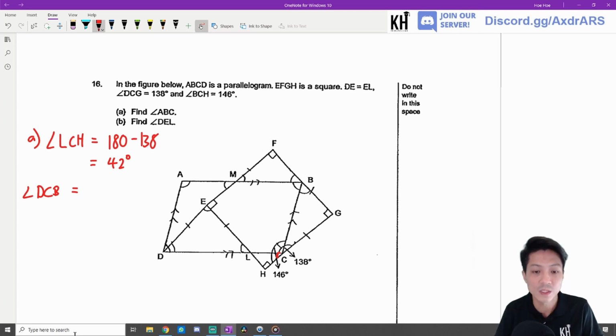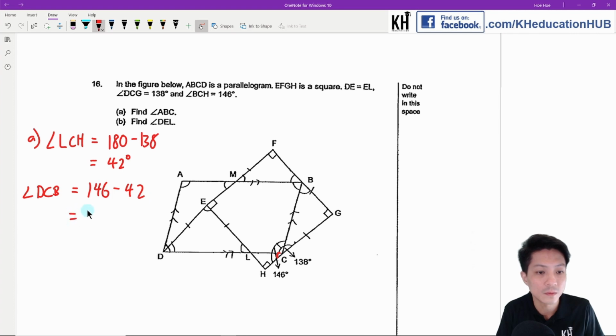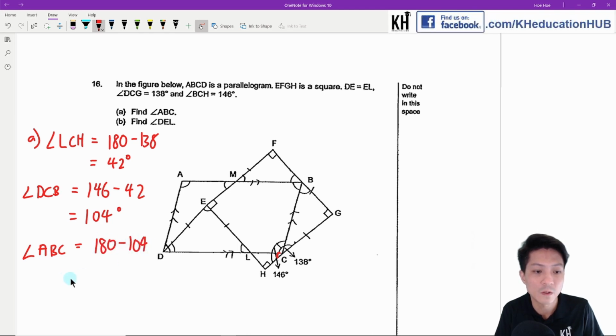Angle DCB is equal to 146 minus 42, which is 104. Then now I can find angle ABC, using 180 minus 104, which will give me 76 degree.